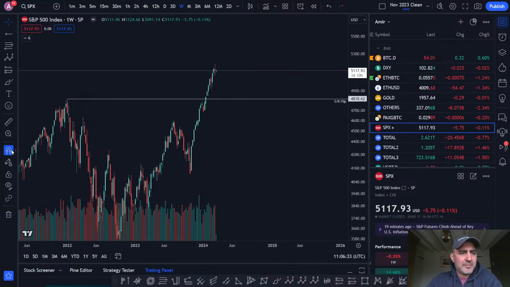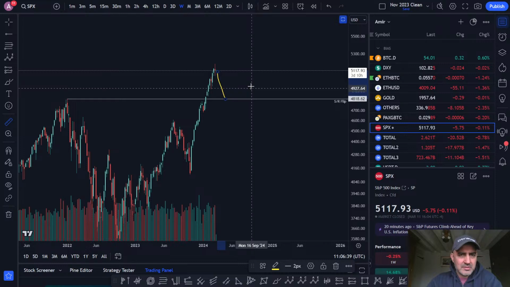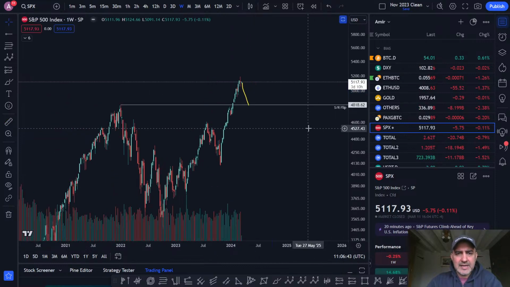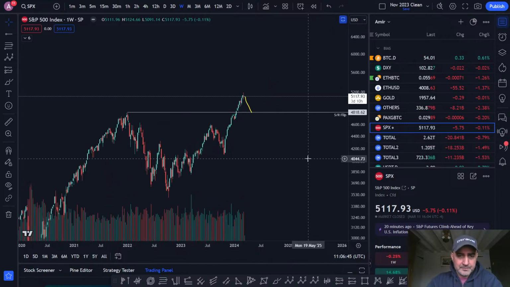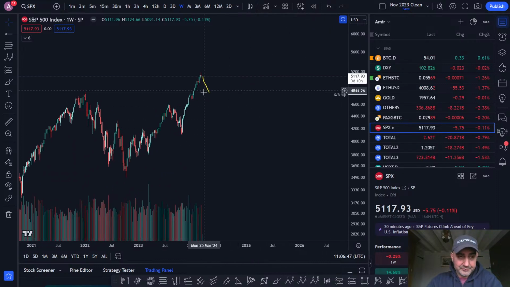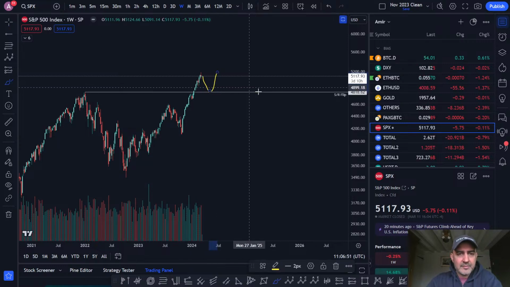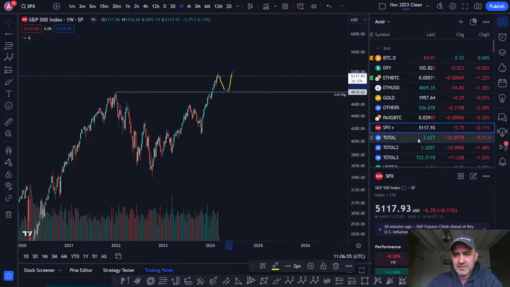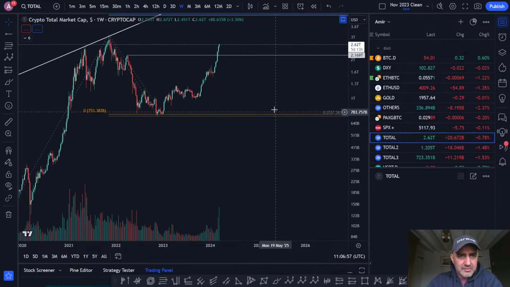You'd want that to hold if we do get a pullback. It's about 5%, nearly 6% down on SPX, just to form an SR flip. That would be nice to see. Maybe look at these other ones.